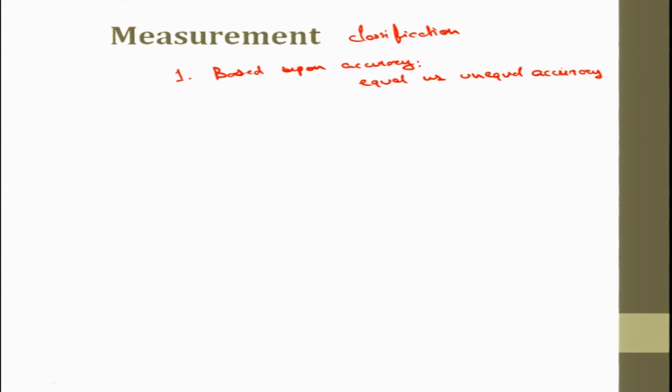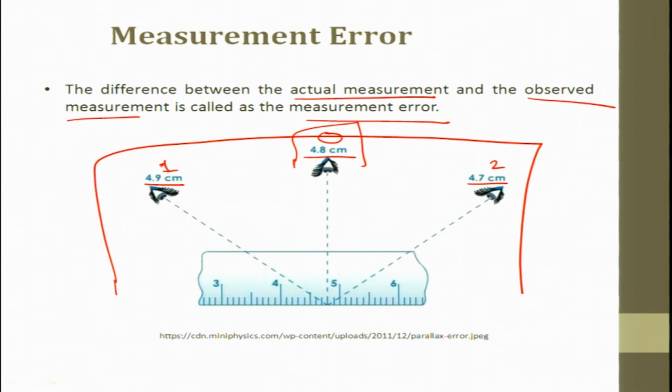So, identical accuracy under identical conditions, whenever we measure from this point, it has to be the same all the time, because it is the identical way. Always if it is at this angle from the original, it will always give 4.9. So, this is called measurement of equal accuracy.